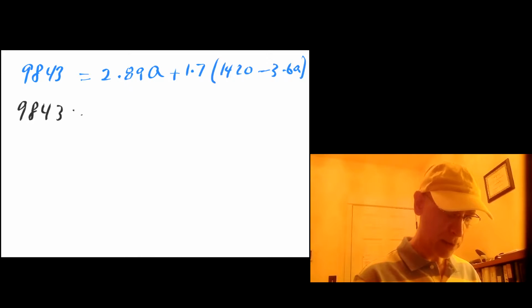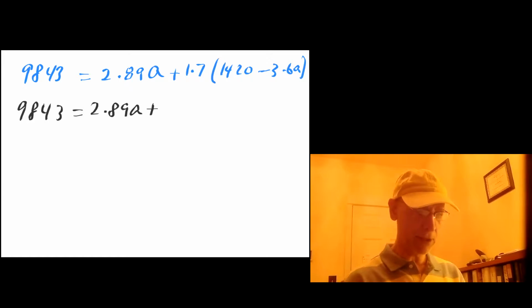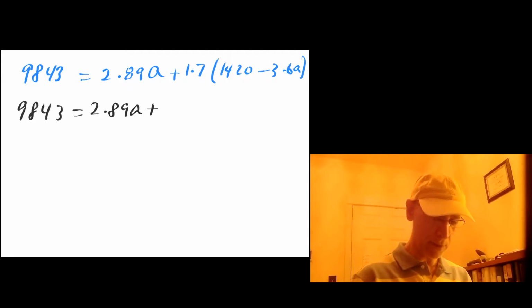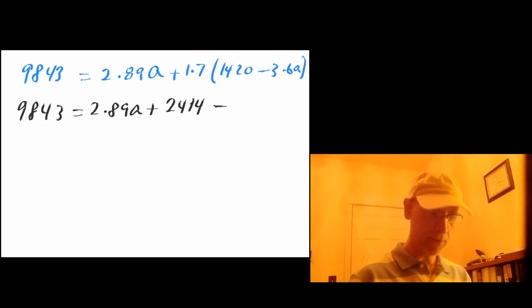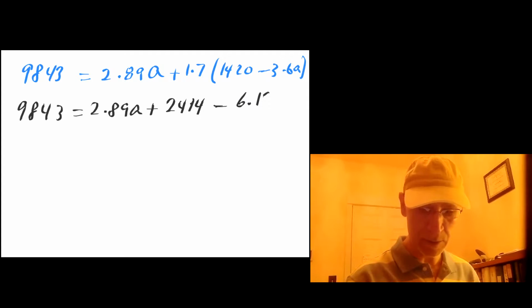So now, next step, I have 9843 equals 2.89a plus 1.7 times 1420. 1.7 times 1420 gives me 2414, and then minus 1.7 times 3.6, and that gives me 6.12a.